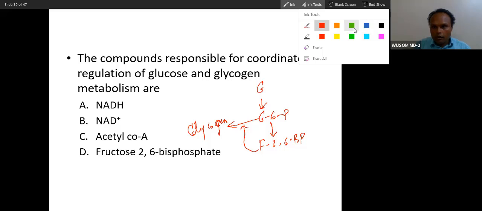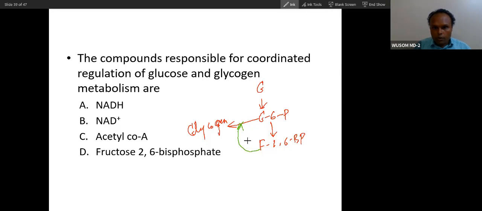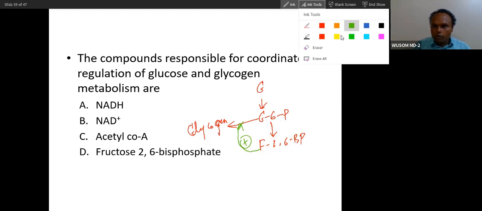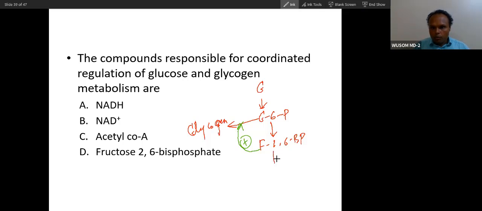I'll change the color so that you will understand. Now, glycolysis will progress and pyruvate will form. If glycolysis is aerobic, it will convert to CO2. From this, NADH will be produced, ATP will be produced, and from here also NADH will be produced.